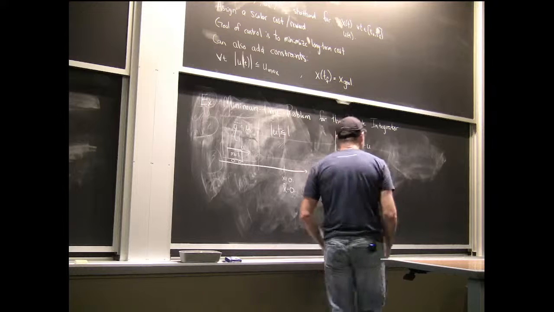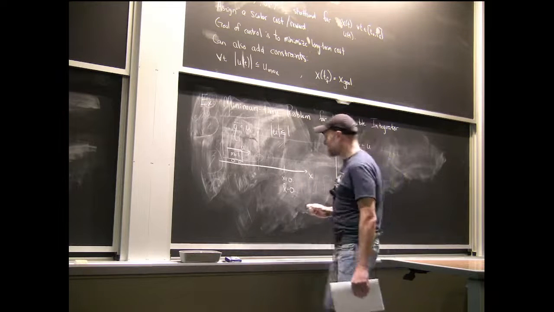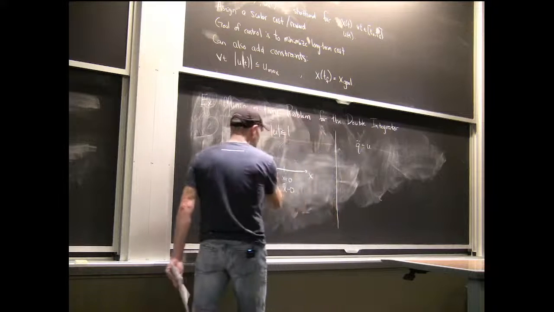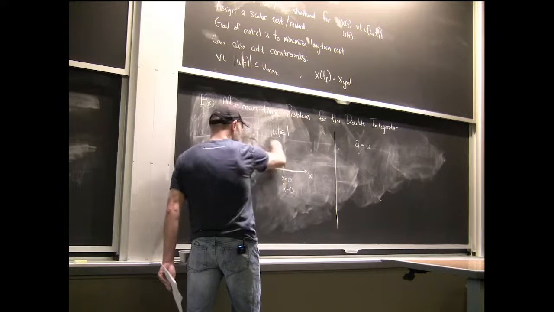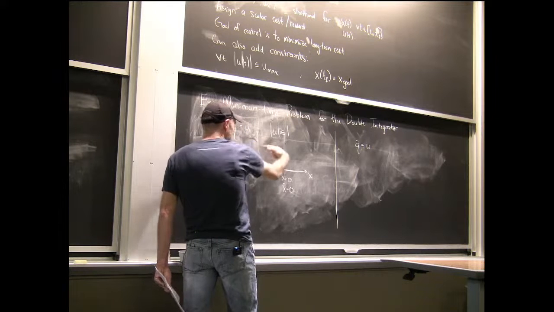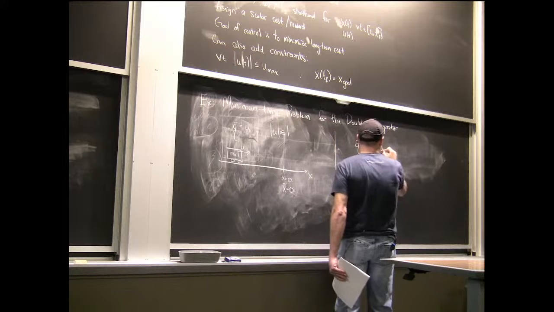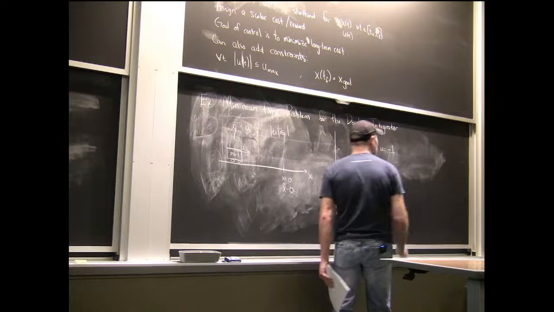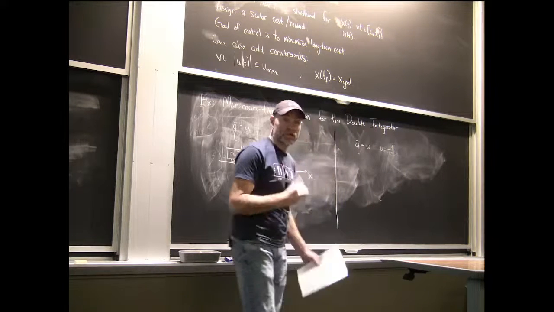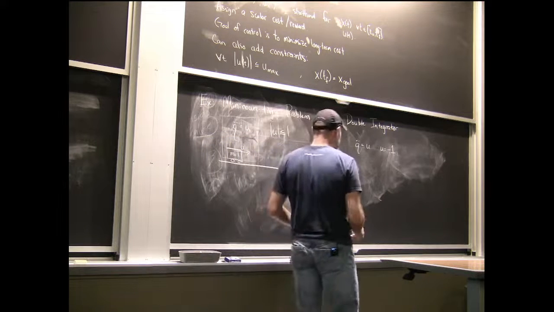Let's think about the case where, I think it's interesting to start from the braking strategy, like the deceleration. So let's say I'm in this configuration and I'm hitting the brakes. So I'll say u equals -1, slamming on the brakes. And let's think about what the dynamics of that system look like.